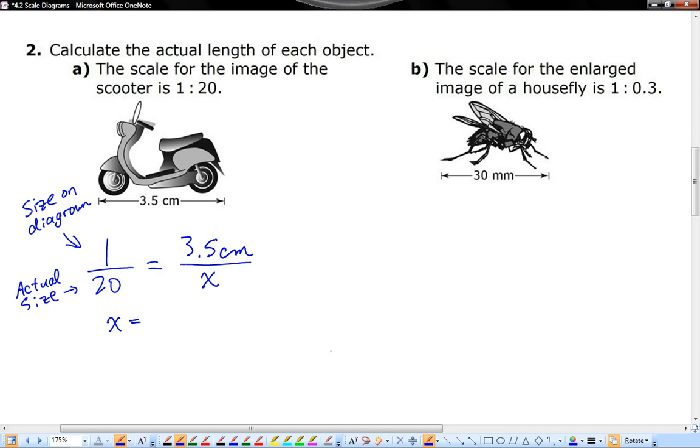And so you can see here that multiplying the top by 3.5 will change the 1 into 3.5, so we can multiply the bottom by 3.5 as well. So 20 times 3.5 will give us our answer, which is 70 centimeters, and that's how long the scooter is, the actual size.